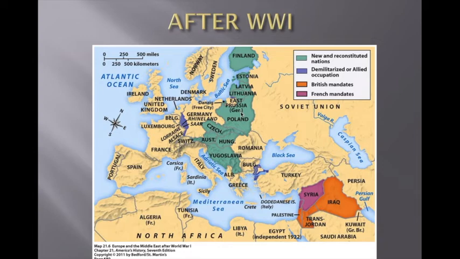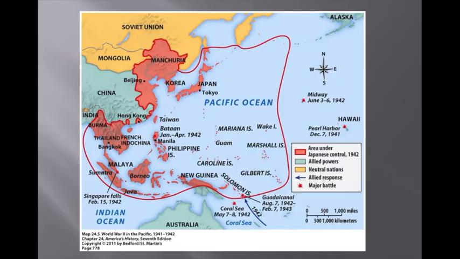What reconstituted nations means is that they had provisional governments. Japan took German colonies in East Asia, and France will maintain Indochina, which is modern-day Vietnam.